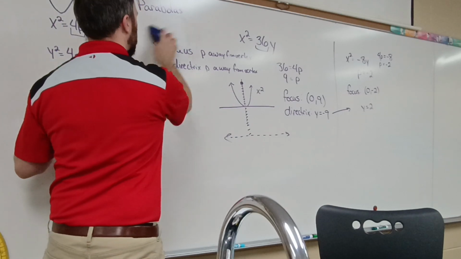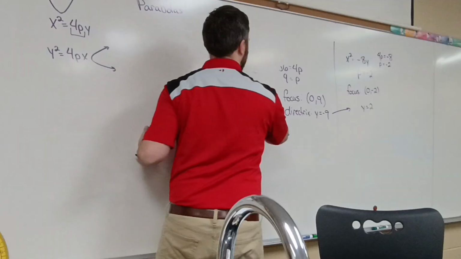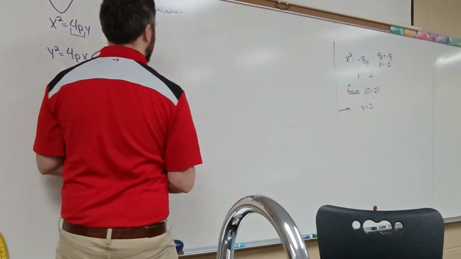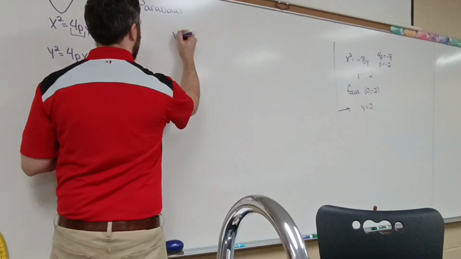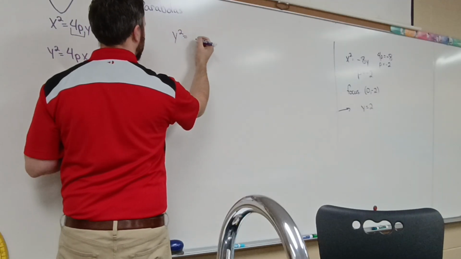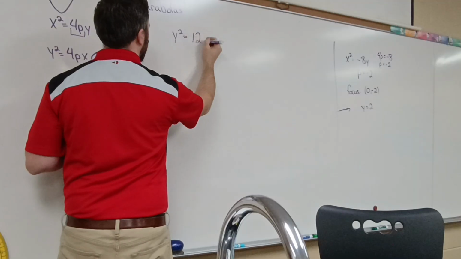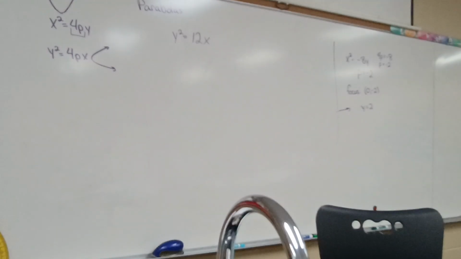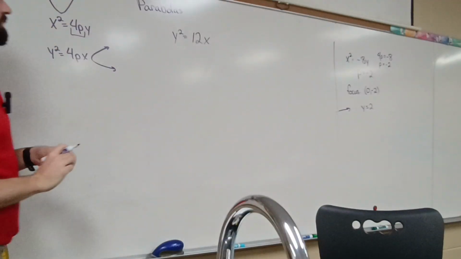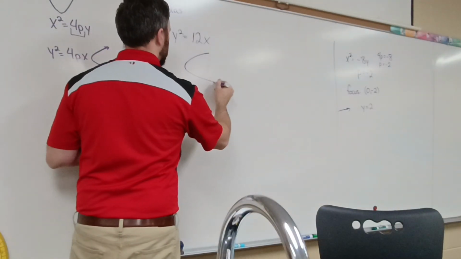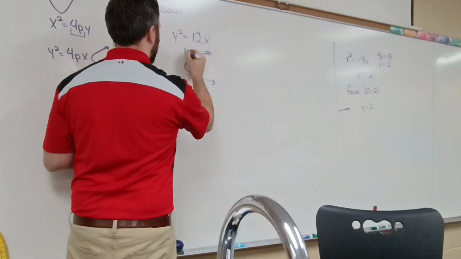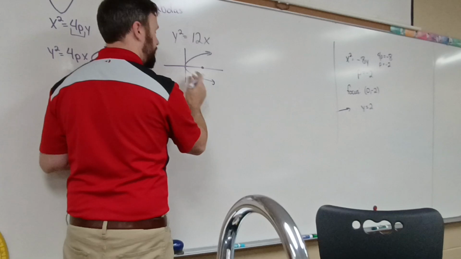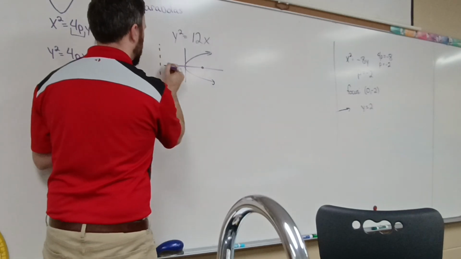I'm going to do one more example, then I'm going to have you guys do a few examples. What happens if I do this? y squared equals 12x. That one's going to open sideways, right? So now for this one, my focus has to be in here on the x-axis, and my directrix has to be over here.